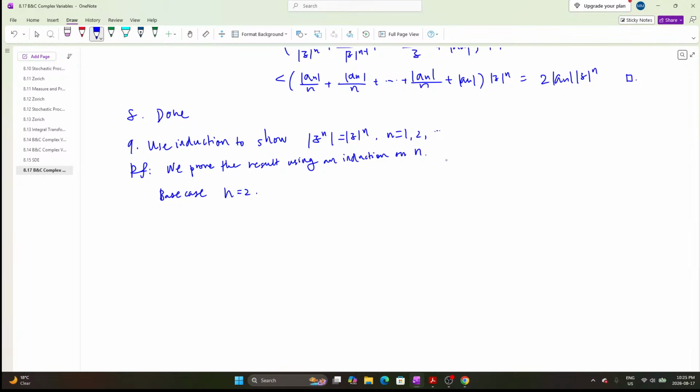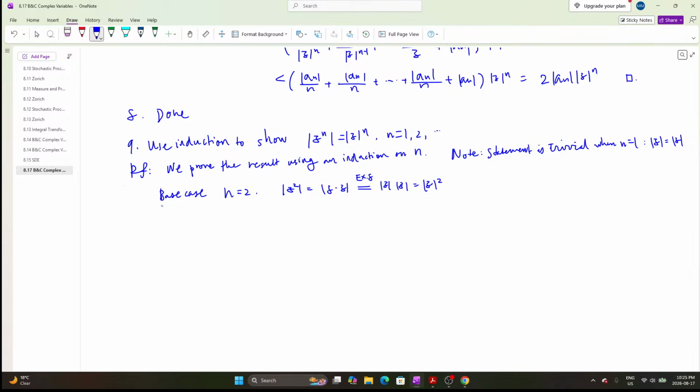Actually, let me note here that the statement is trivial when n equals 1, because that's just modulus of z equals modulus of z. Okay, so base case n equals 2, and here you have modulus of z squared, which equals modulus of z times z. So by exercise 8, this is modulus of z times modulus of z, which is modulus of z squared.